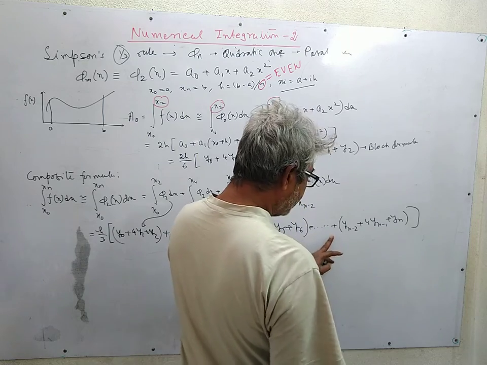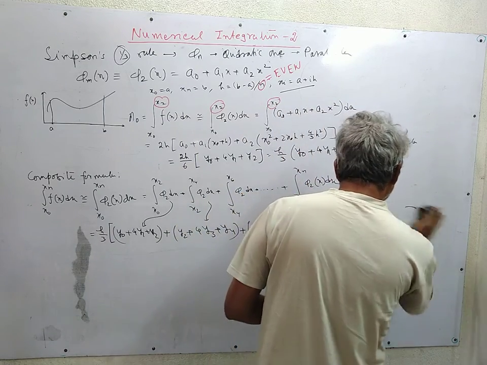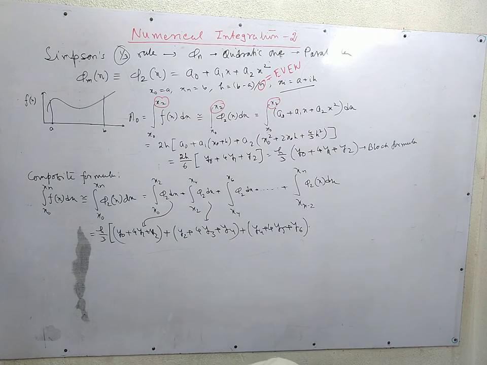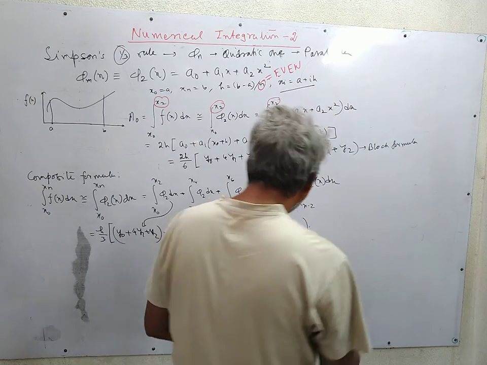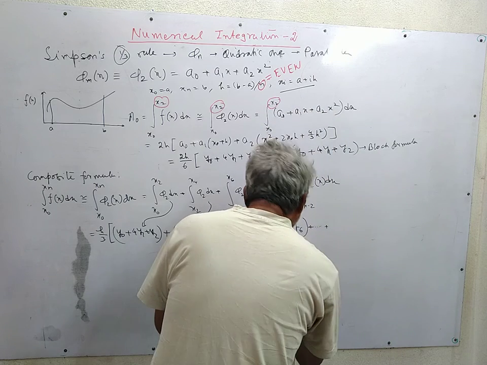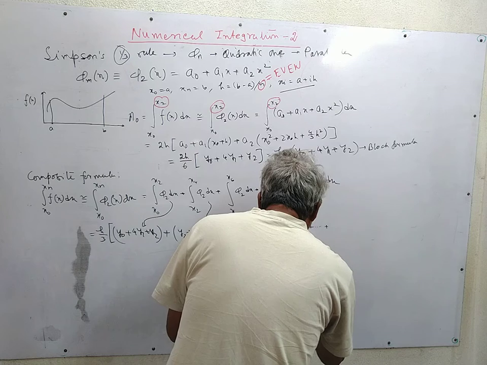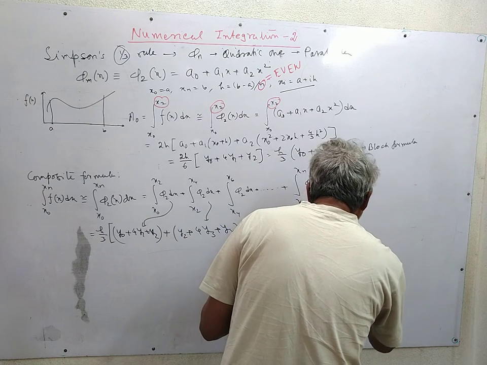Let me write the last but one term, that would be helpful for you. The last term is, you know, y(n minus 2) plus 4y(n minus 1) plus yn.